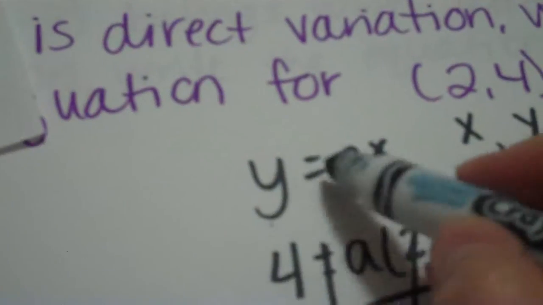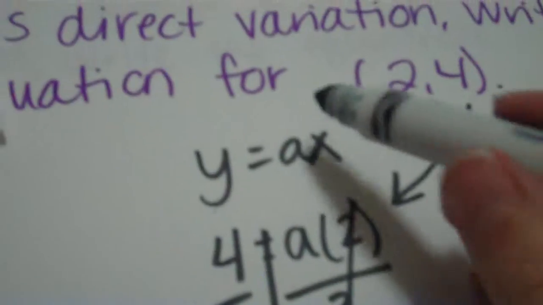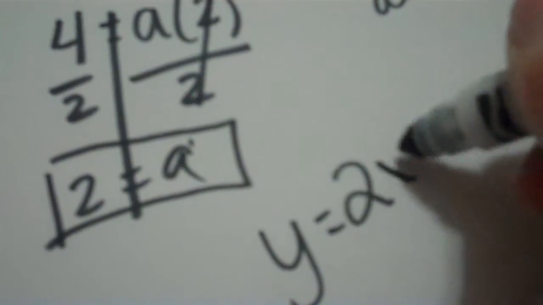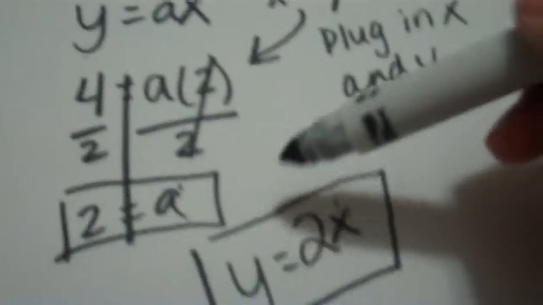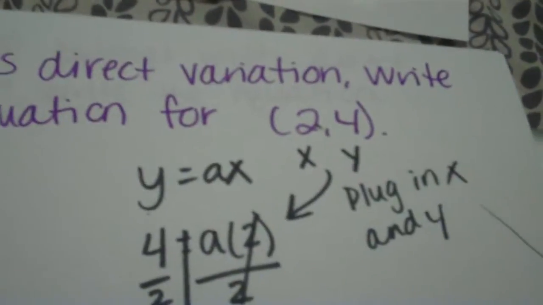So instead of y equals ax, you're going to put y equals, and instead of a, you told me a is 2, so y equals 2x. That is the equation. And that's true. If I plug in 2, x is 2, right? 2 times 2 is just 4. Simple. Easy.